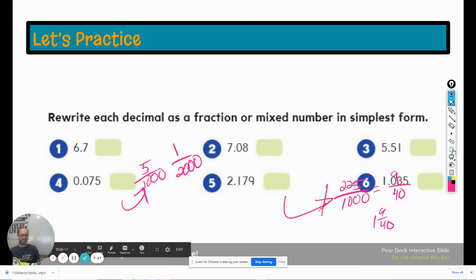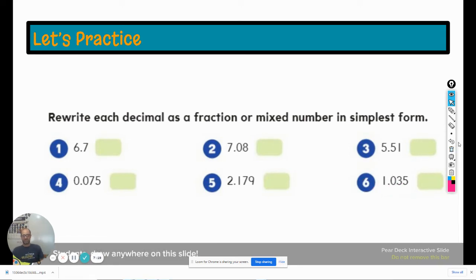Let's practice. Pause me. You do it. And we'll see what we all get. Go. Ready? 6 and 7 tenths. 7 and 800ths is going to be 7 and 2 25ths. This is just going to be 5 and 51 100ths. 75 1,000ths.